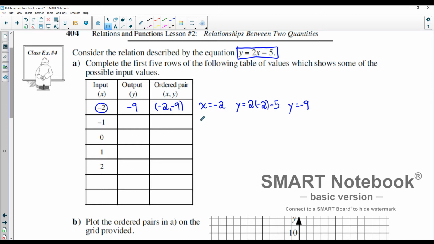Now we're going to use a different input. We're going to put x equals -1. And that'll be y is equal to 2, and we're going to replace x with -1 this time around. We're going to subtract 5. 2 times -1 would be -2. And then subtract 5 would be -7.